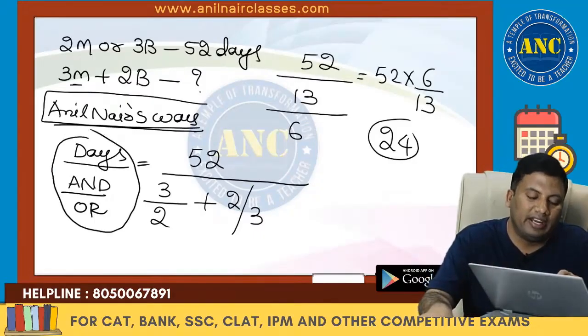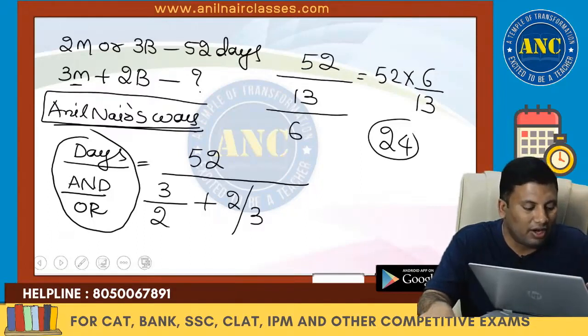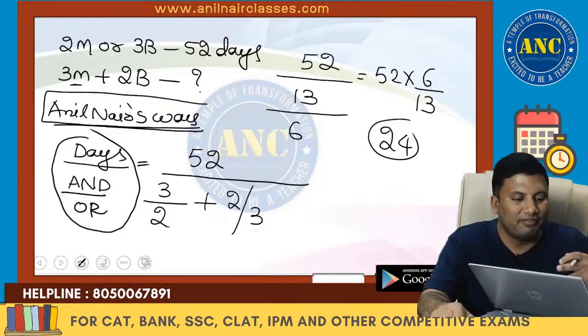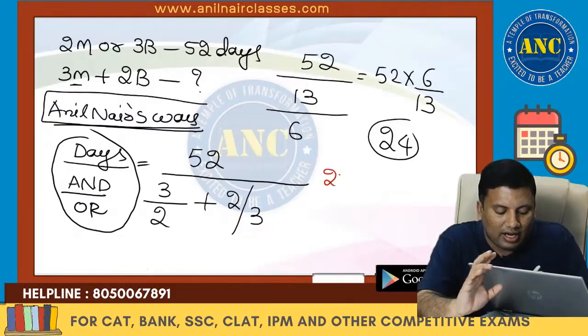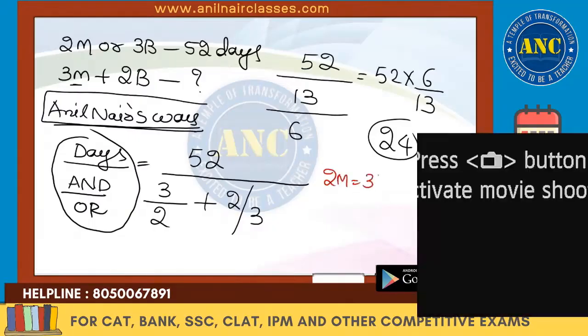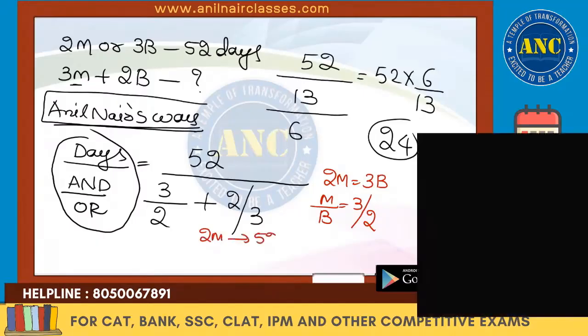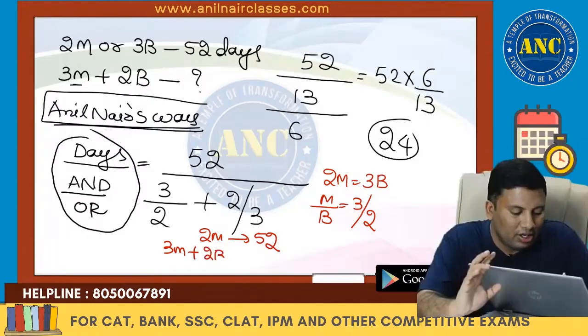Days is 52. From where we got this logic? I already told you, sir. Work done by 2 men is equivalent to work done by 3 boys. So M by B is nothing but 3 by 2. So 2 men, if they are doing 52 days, 3 men and 2 boys can do how many?